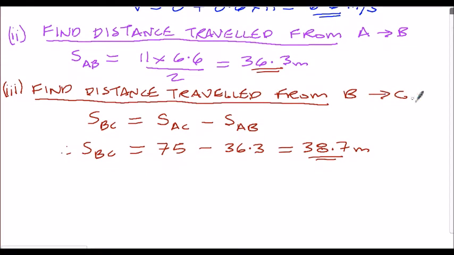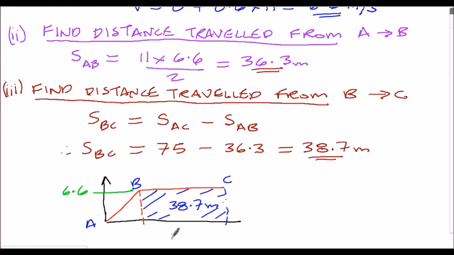I'm just going to sketch the diagram again. I'm trying to find in this case the time taken. So the time taken for 38.7 meters will be across here. So time, again, if you want some little symbols, time from B to C is across here. So it's really just the area of a rectangle that we know. We know a height of a rectangle, and we've got to find the base of the rectangle.